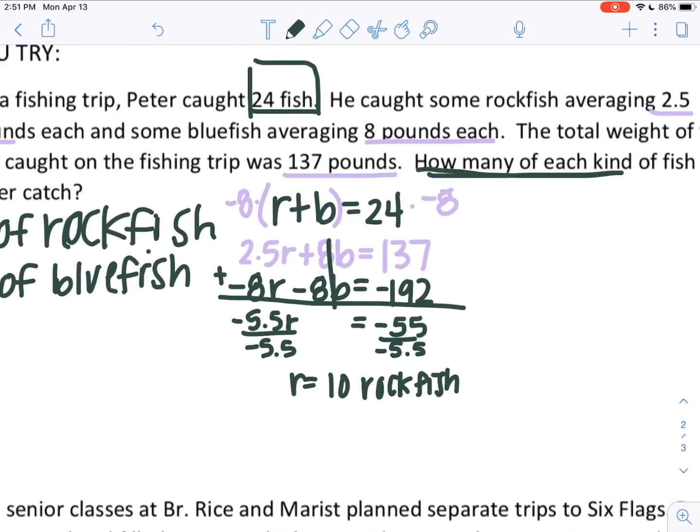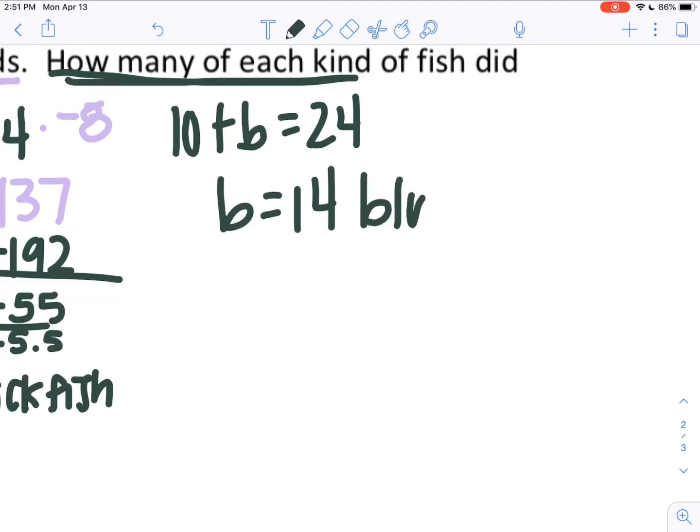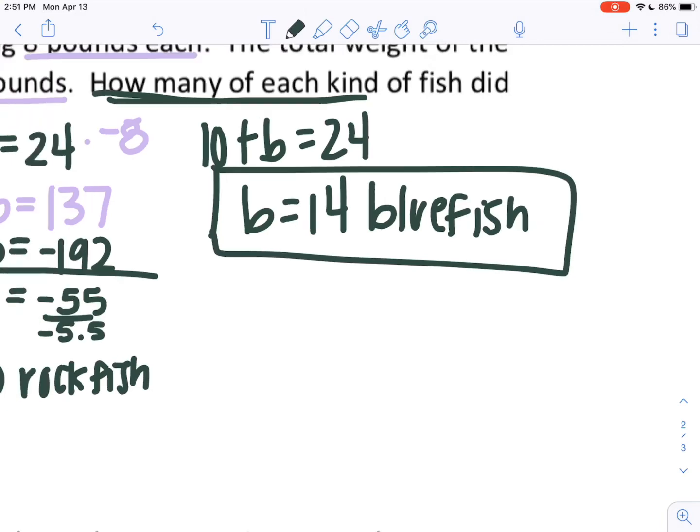Okay, again, you could plug this into either equation. I'm probably going to plug it into this top one because I know there's a total of 24 fish. 10 of them are rockfish, which means all you have to do is subtract 10 from 24, and I get 14 bluefish. Okay, let's label this. And then we circle our answers.